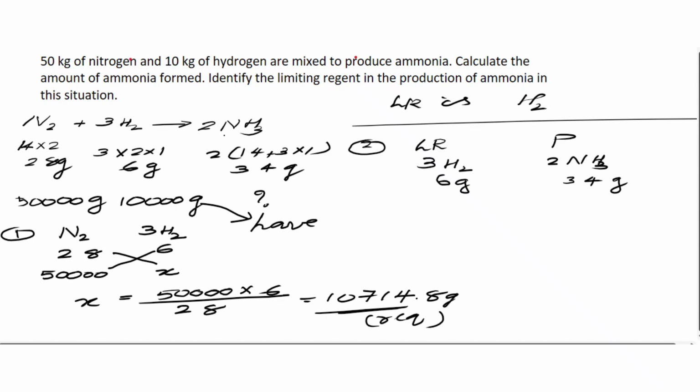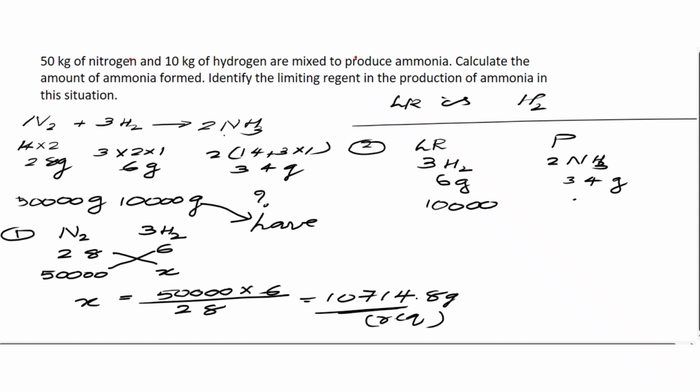And now we'll write the given mass of hydrogen, that is 10,000. You don't write 10,714 because that is the amount which is required only. But we have only 10,000. What is there in our hand, that we will write.